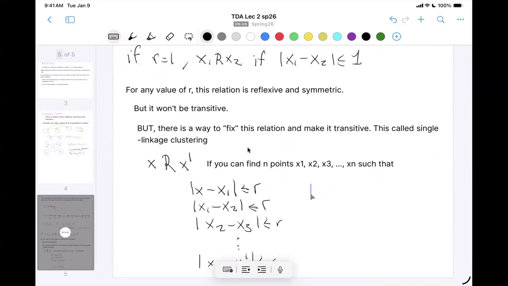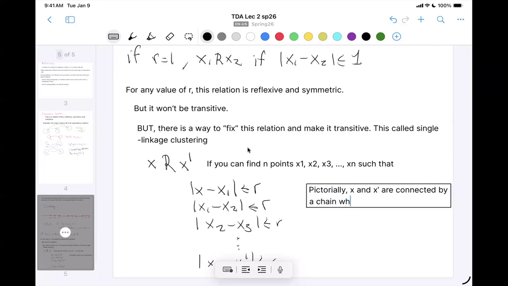Pictorially, X and X prime are connected by a chain, where the distance between any two consecutive points is less than or equal to R.